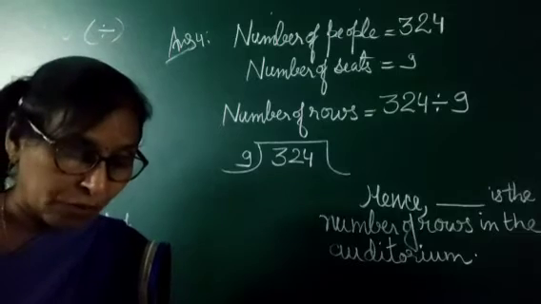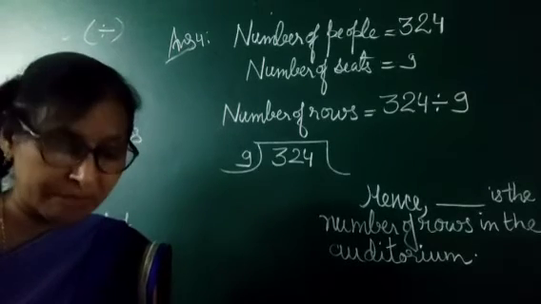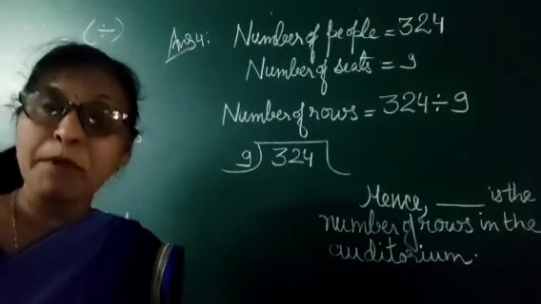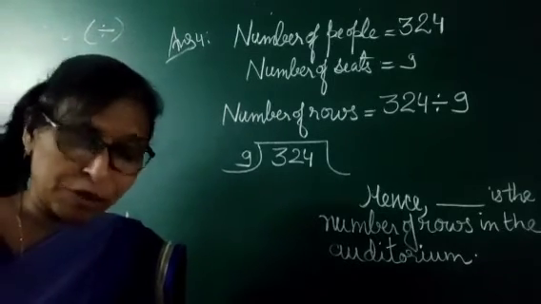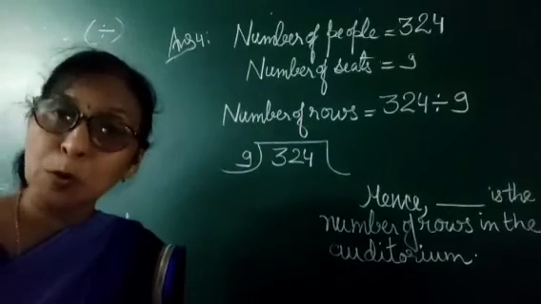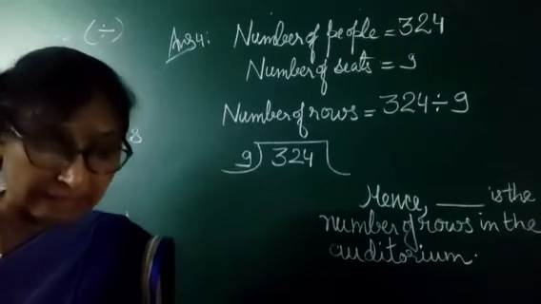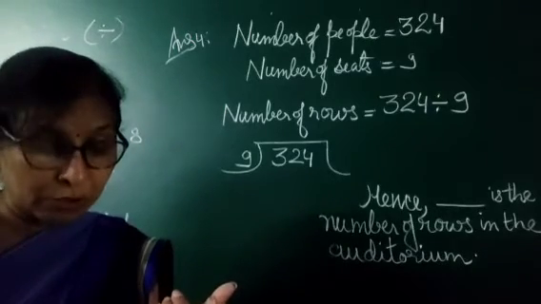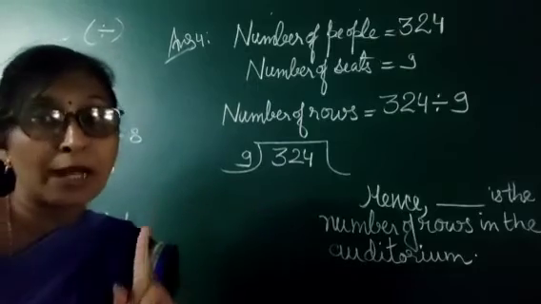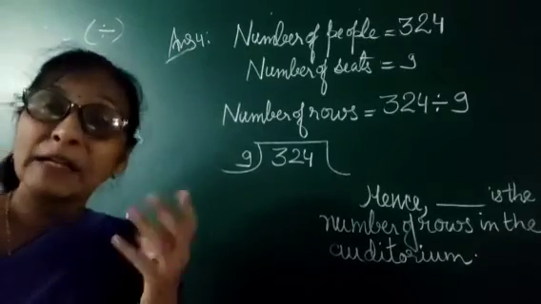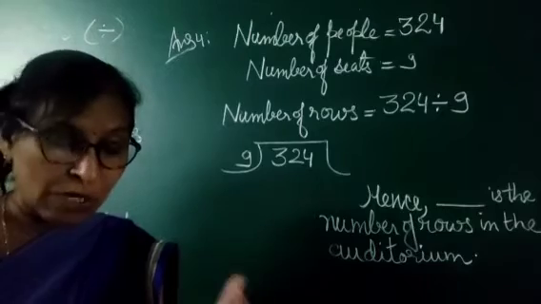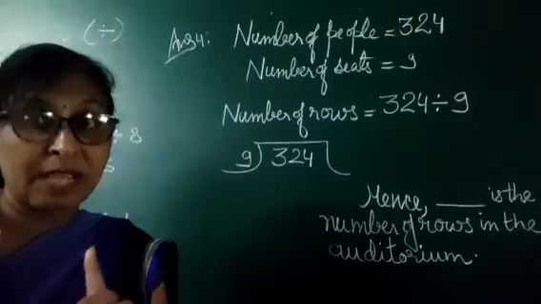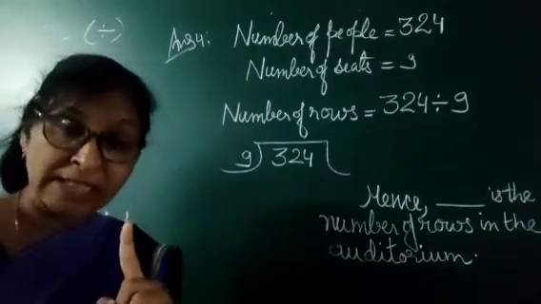Question number 4. An auditorium has a seating capacity of 324 people. Find the number of rows in the auditorium if each row has 9 seats. Here the seating capacity of the auditorium is 324 people, and we can find out the number of rows, given each row has 9 seats.